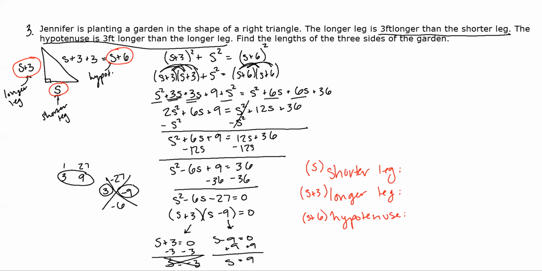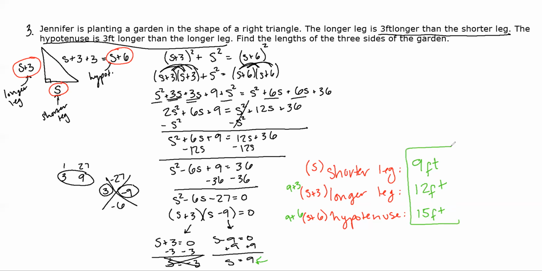So if we go ahead and put in our answers here, the shorter leg is s, which is 9. Let's look at the units, feet, so 9 feet. The longer leg is s plus 3, which is 9 plus 3, so it's 12 feet. And then the hypotenuse is s plus 6. S is 9 plus 6 is 15 feet.